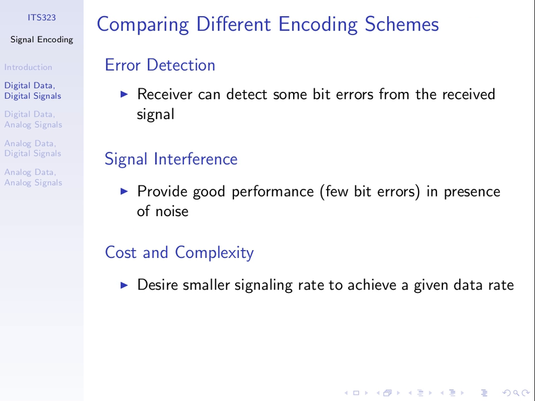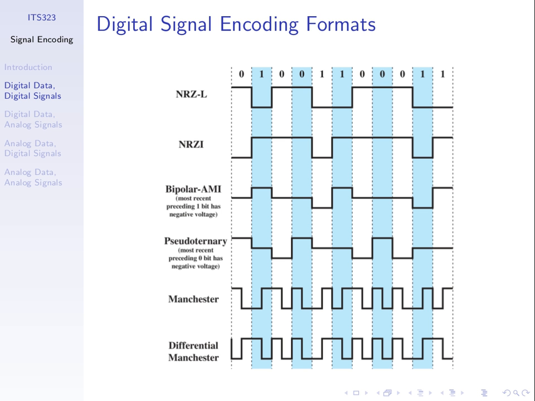Another trade-off is that some are harder to implement in terms of complexity. We normally desire a small signalling rate. The higher the signalling rate to get the same data rate, the more complex it is to implement, and the higher the cost. The Manchester schemes are changing often, once or twice per interval in some cases, whereas the other schemes are changing just once per interval.